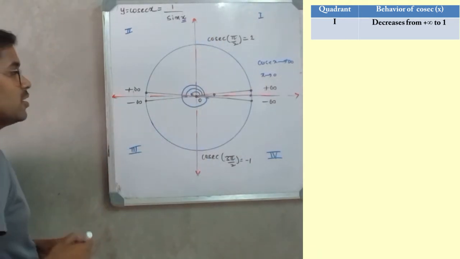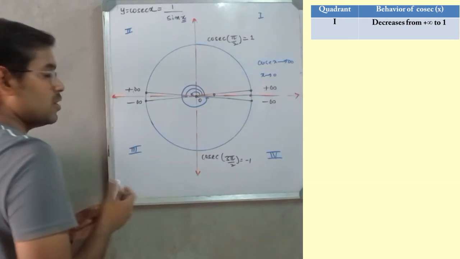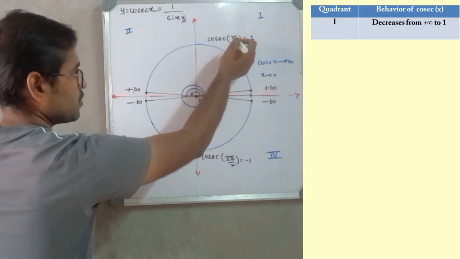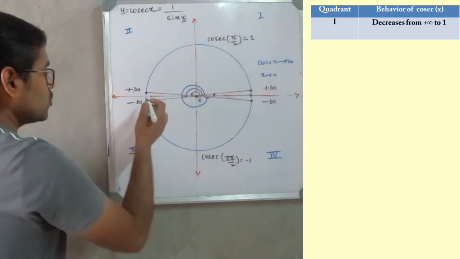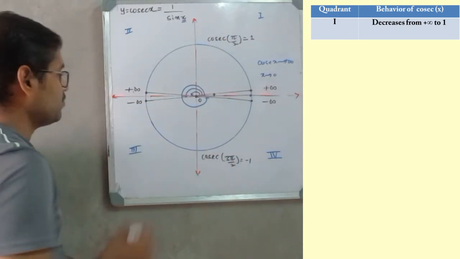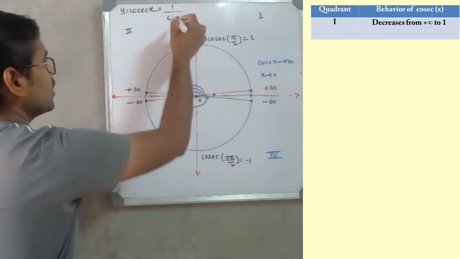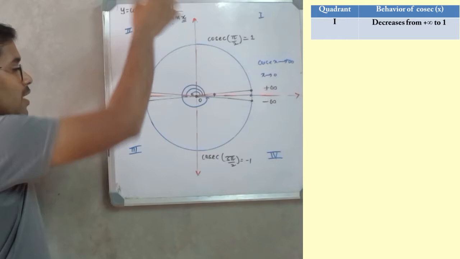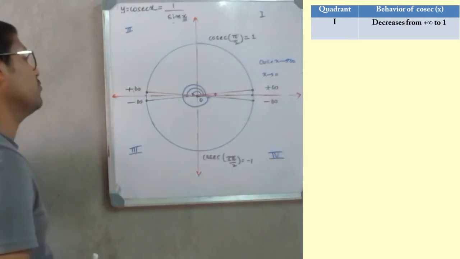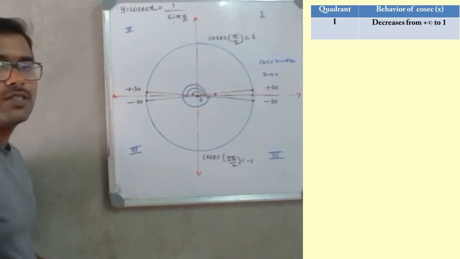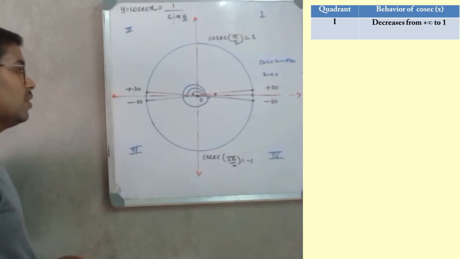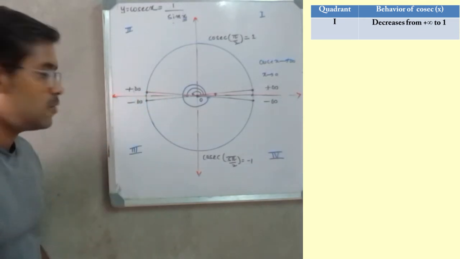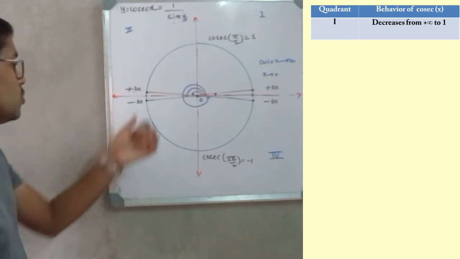Now in the second quadrant, if you check the behavior of this function, we know that cosec pi by 2 is 1. What about cosec pi? At x equal to pi, again sin x is 0. So cosec x at x equal to pi is also not defined. Again we will use the same procedure and check for a value of angle x which is very close to pi.